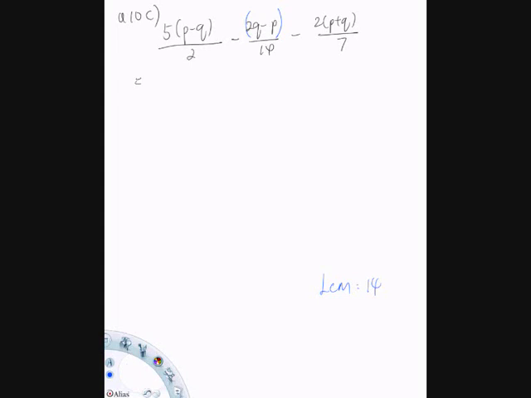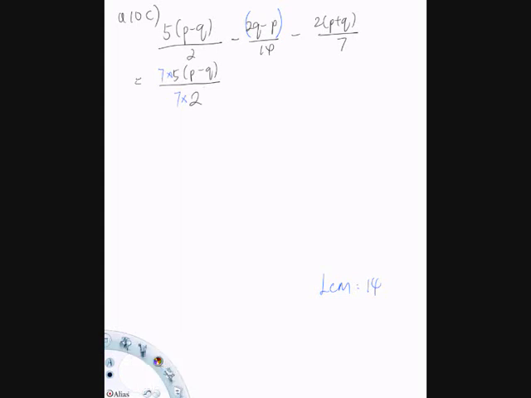For the first algebraic fraction, in order to make it 14, I have to multiply it by 7. So I multiply it by 7 in order to make it a 14.